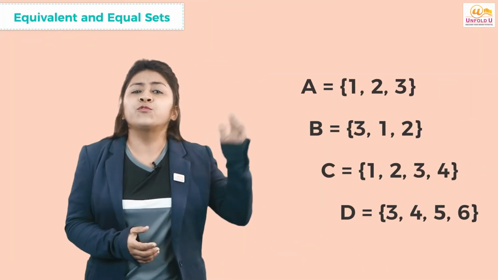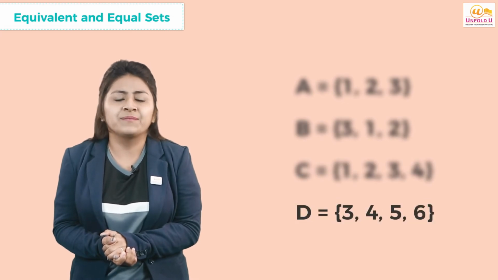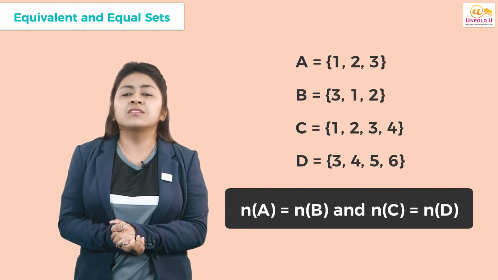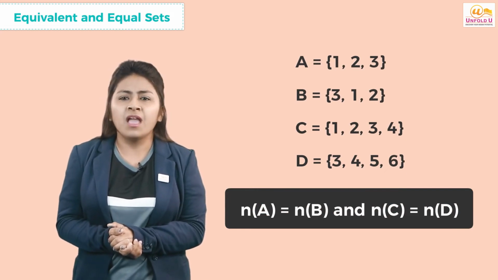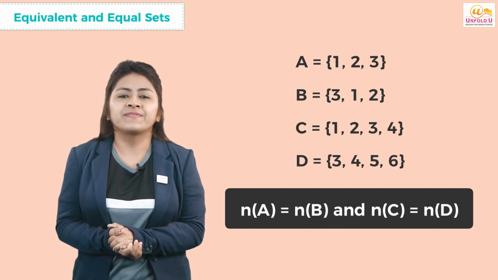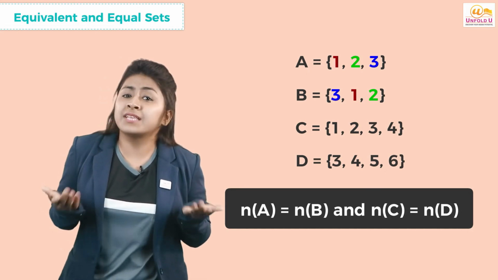Now look at these four sets: set A, B, C and D. You see here that the number of elements of A is equal to the number of elements of B and the number of elements of C is equal to the number of elements of D. But the elements of the sets A and B are precisely the same.